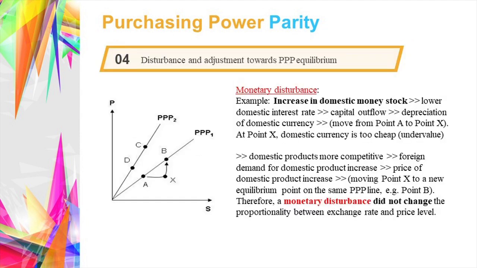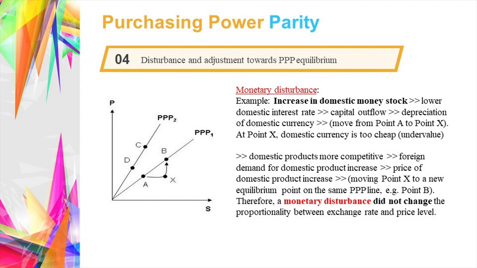4. Disturbance and adjustment towards PPP equilibrium. Monetary disturbance. Referring to the diagram. For example, an increase in the domestic money stock will lower the domestic interest rate. Then, capital outflow causes depreciation of the domestic currency. Move from point A to point X in the diagram. At point X, the domestic currency is too cheap, undervalued.